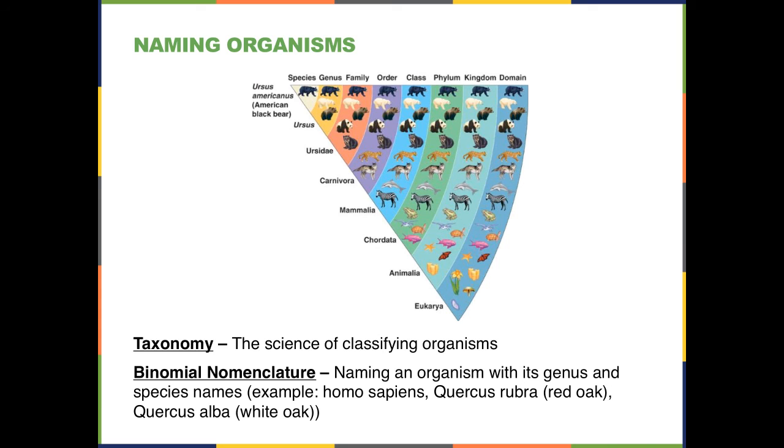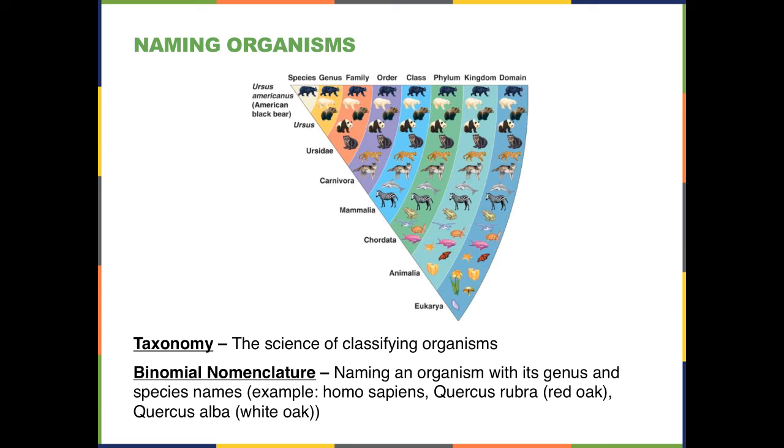Both of these are oak trees, okay? So Quercus is the genus for all oak trees, and then rubra is the species, red versus white. Homo sapiens, there's also something called Homo erectus and Homo some other stuff, which are putatively somehow related to us. That goes into an argument about evolution that I don't want to talk about at this point.